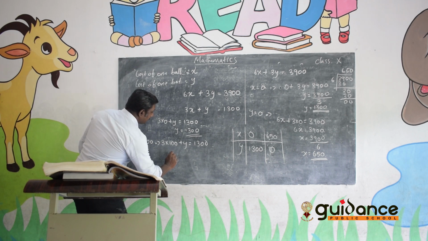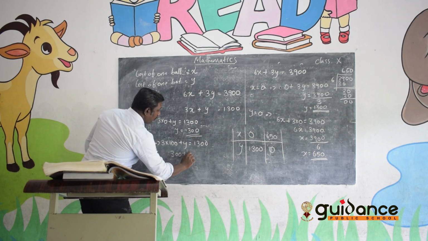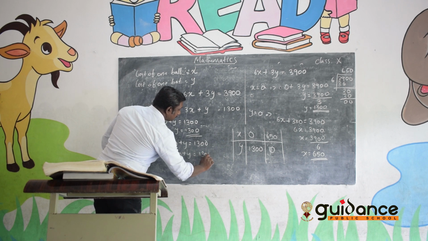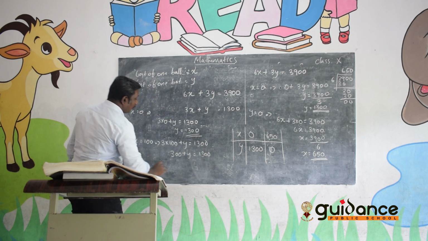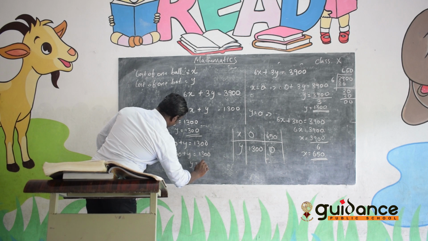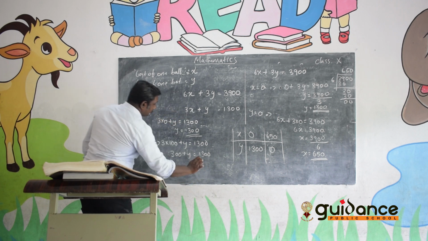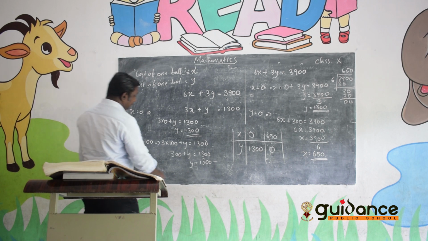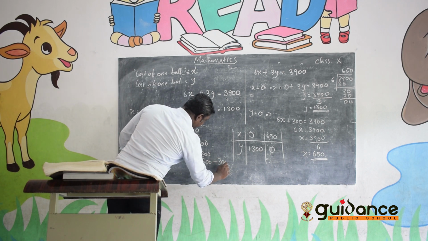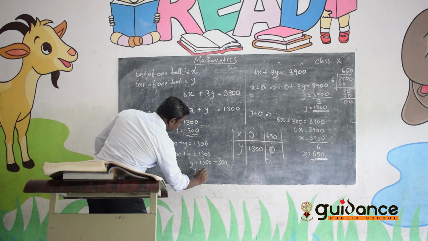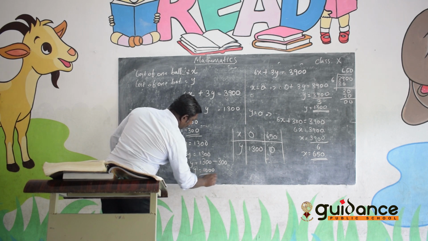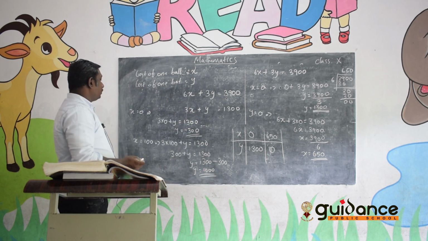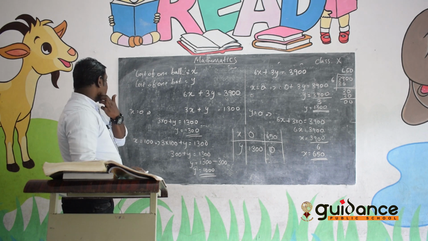That is 300 plus y equal to 1300. y equal to 1300 minus 300. y equal to 1000.